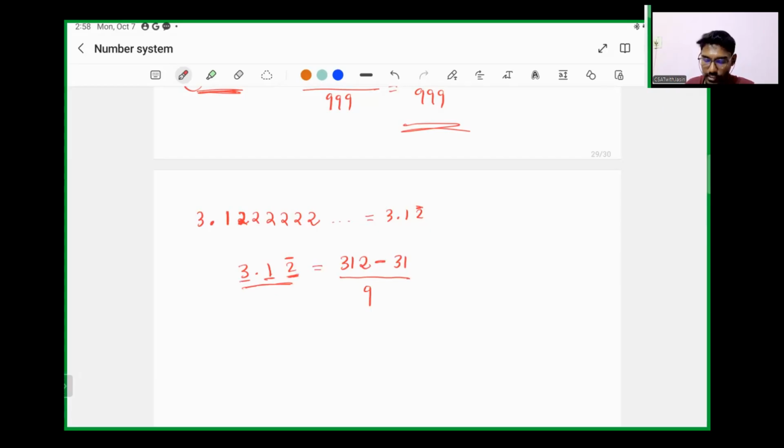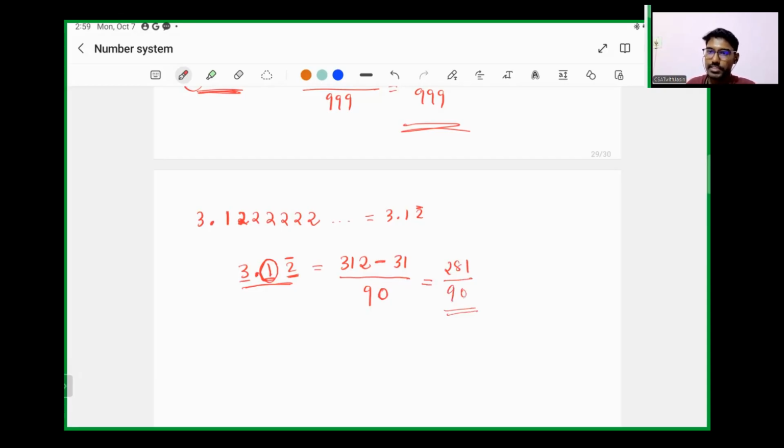But there is a difference. After the decimal point, there is one number which is not repeating, so you write 10. So this is the difference. Now it will come as 312 minus 31. 312 minus 31 gives 281. So 281 by 90 will be the answer.